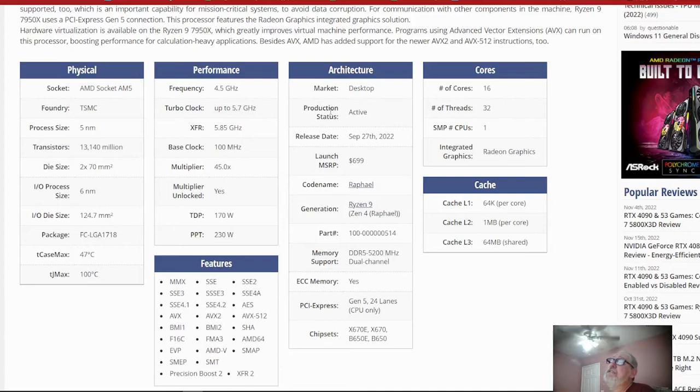Who's to say that stock can't give you between 5.3 and 5.7 gigahertz just on the CPU alone?